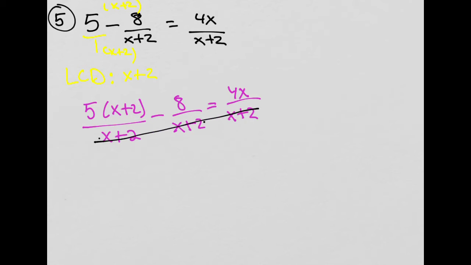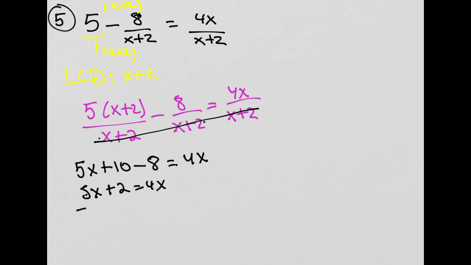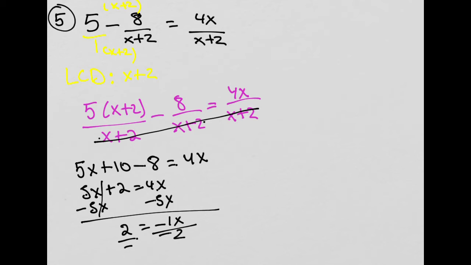Okay, so I am left with 5x plus 10 minus 8 equals 4x. Okay, combine like terms. 10 minus 8 gives me plus 2. Minus the 5x to both sides. This gives me negative 1x. Divide both sides by negative 1.